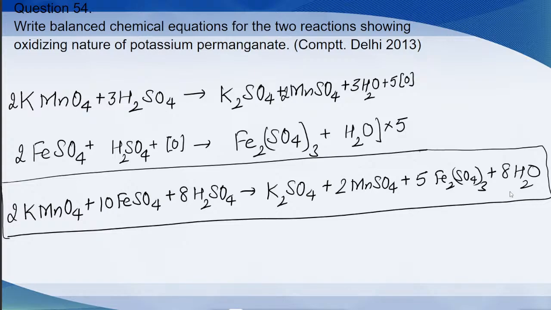Oxygen, SO4 we have taken 8 oxygens, out of 8 are used in water. That's it. So this is the first reaction for oxidizing action, which shows oxidizing nature of potassium permanganate, in which KMnO4 oxidizes ferrous sulfate to ferric sulfate.